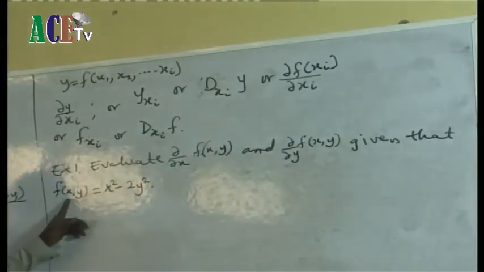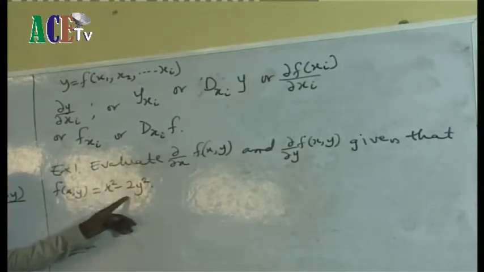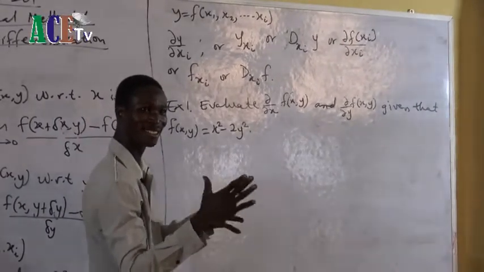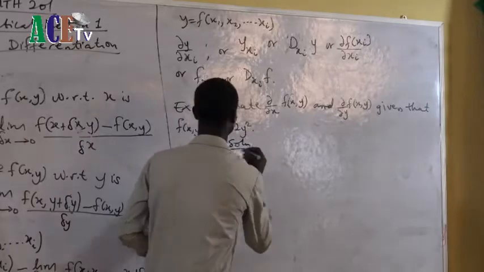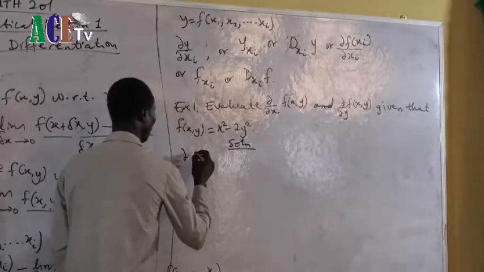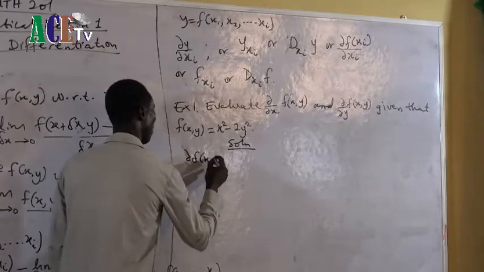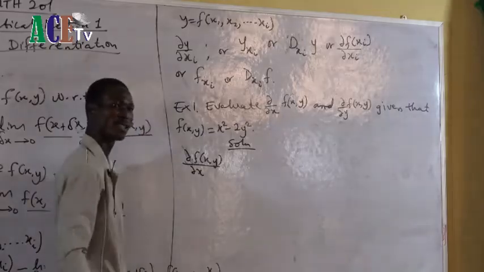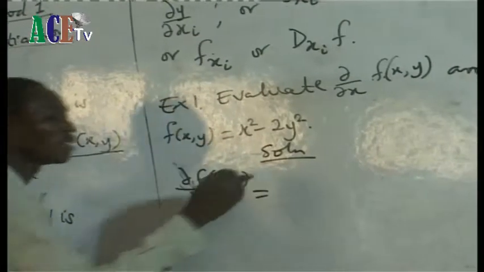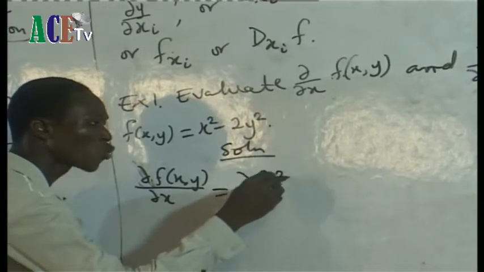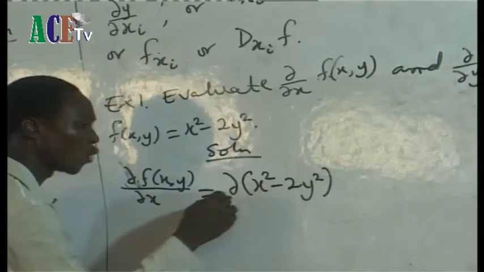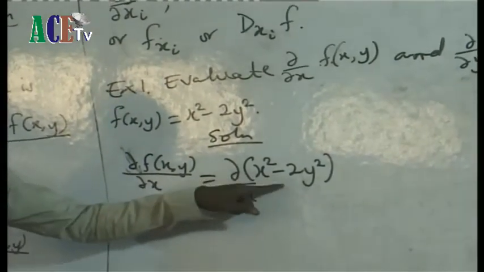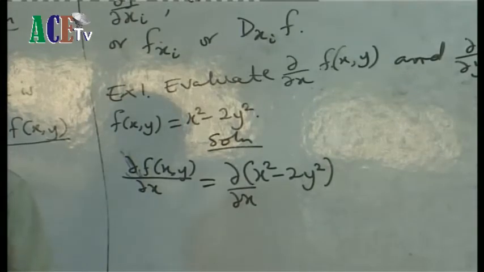Given that our f of x, y is this, we want to differentiate this one with respect to x and y respectively. Solution. Look at the partial derivative of f with respect to x. It means the derivative of x squared minus 2y squared with respect to x.